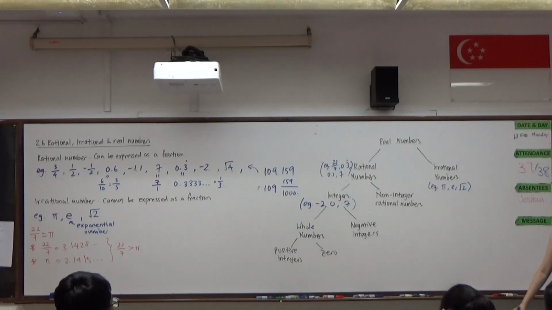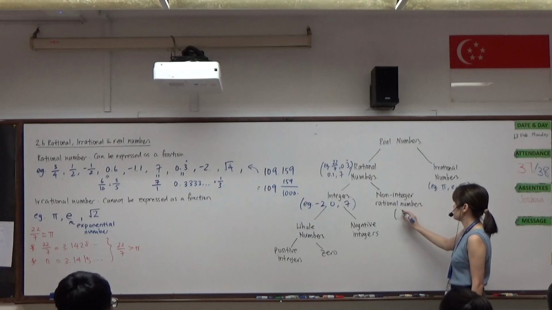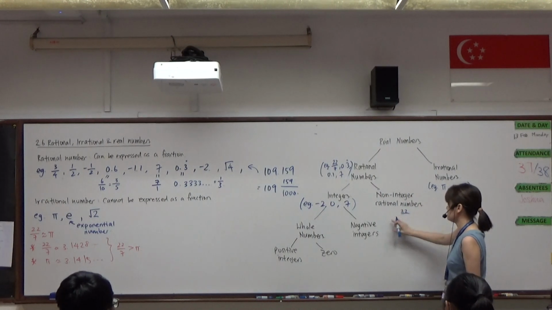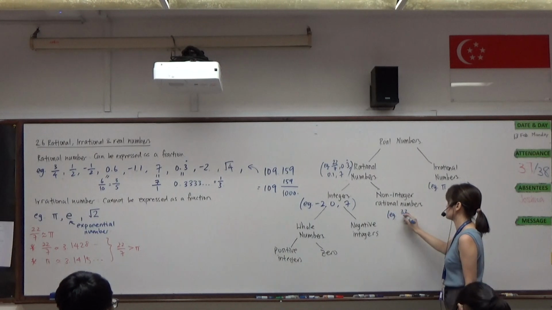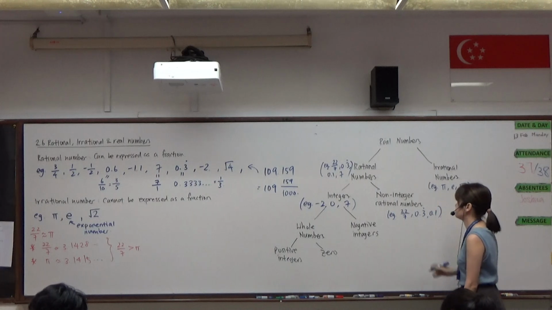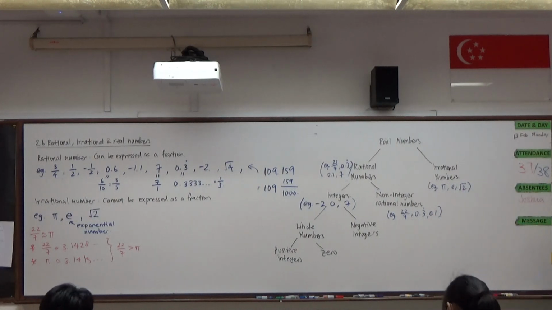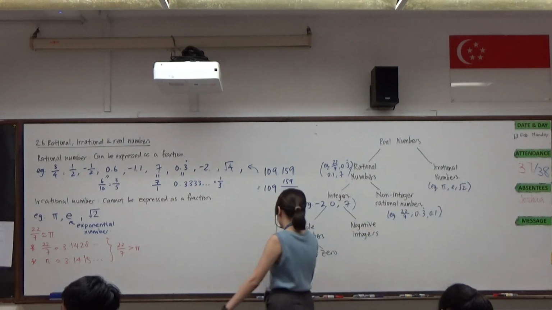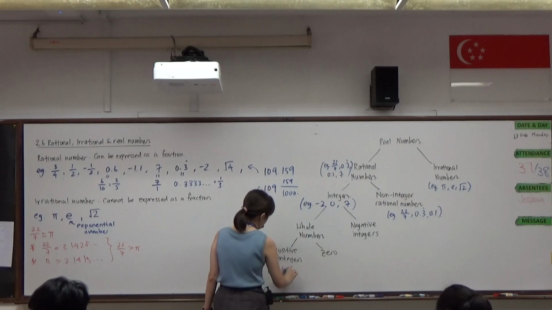Non-integer rational numbers would be like your 22/7, 0.3, 0.1. And then positive integers: 1, 2, 3.